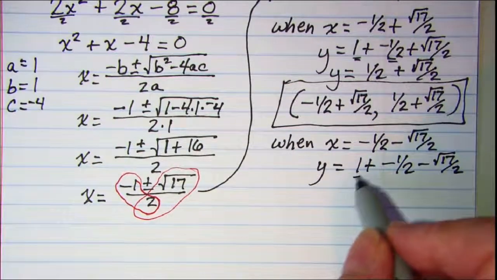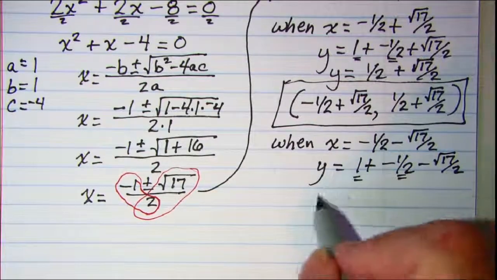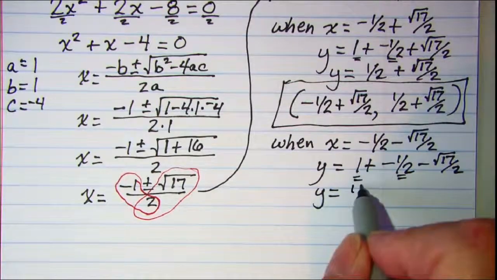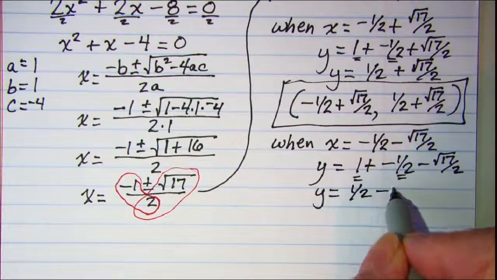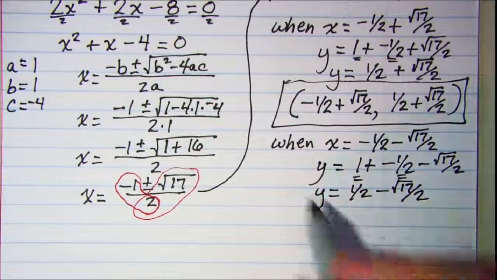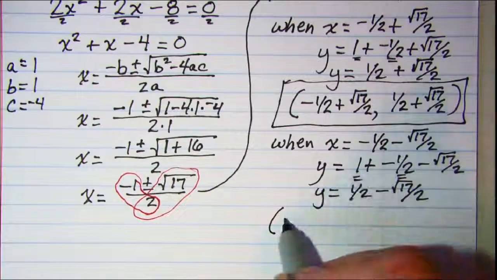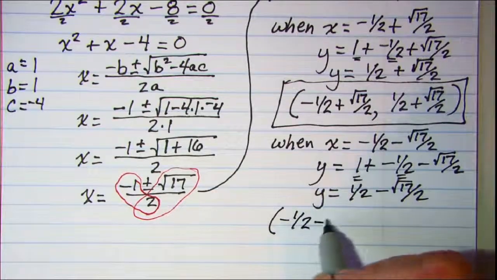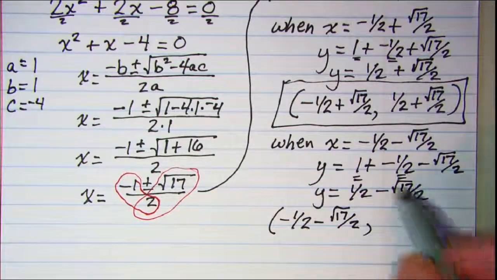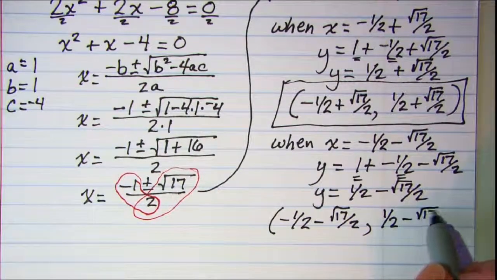And again, I can combine these rational numbers together, and I get y is equal to 1/2 minus root 17 over 2. So my other ordered pair then is when x is negative 1/2 minus root 17 over 2, the y is 1/2 minus root 17 over 2.